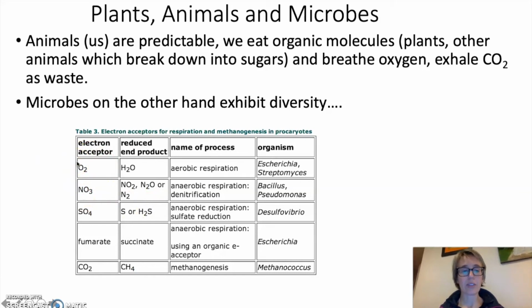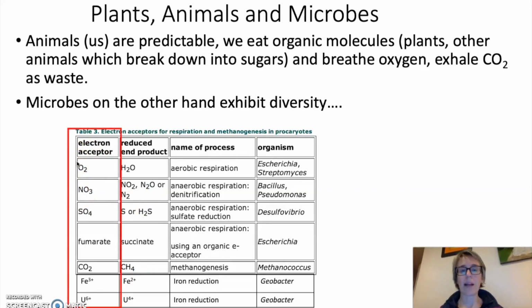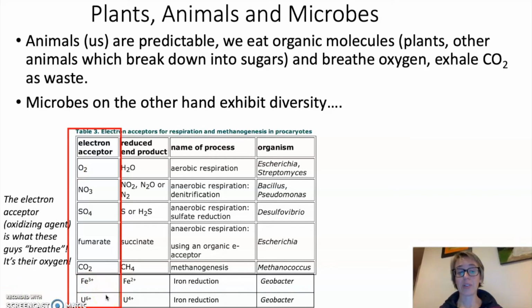But all these other guys that are on here, and a few more that I added from my own research and background, other microorganisms are essentially breathing, and yeah, they don't have lungs, so I'm using that term loosely, but they're breathing things like nitrate, sulfate, carbon dioxide, and even iron and uranium.